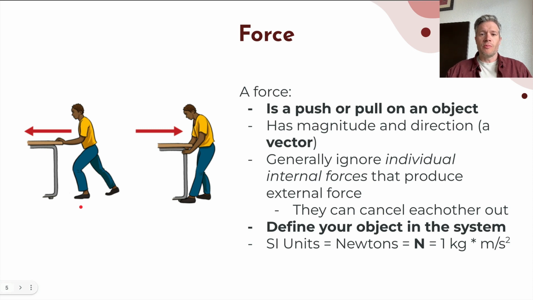And on that note as well, when we're looking at a system such as a person pushing or pulling a table, one thing to keep in mind, unless specified in the question, is we really need to define our system and state what aspects we're analyzing. So unless otherwise stated, typically we look at the whole person's body creating a force.